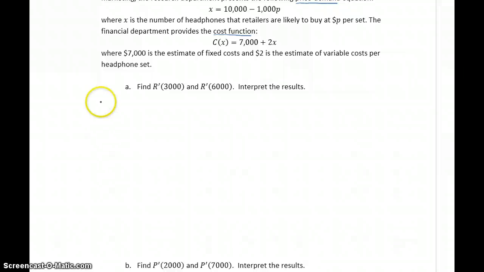So the first trick here is that we are not given a revenue function. If we're not given a revenue function, then the very first thing we need to do is establish that revenue function.